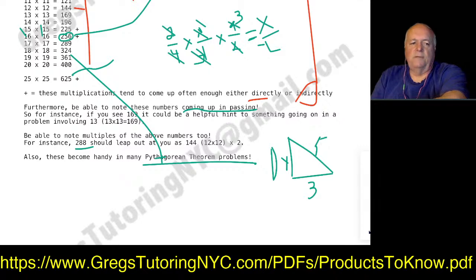So if there were multiples there, if it was 6, 8, 10, that should leap out at you that that's still a 3, 4, 5 right triangle.